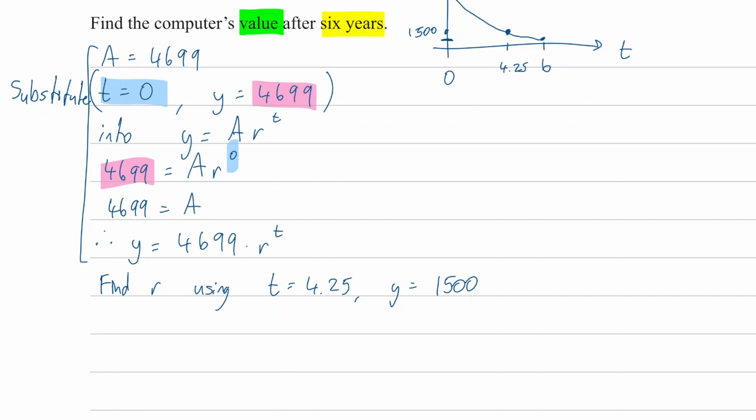This model right here. So y is 1500, 4,699 is the same, times r, which is what we're looking for, to the power of t, which is 4.25. Now we have one equation, one unknown, so we can solve for r. Let's divide both sides by 4,699.